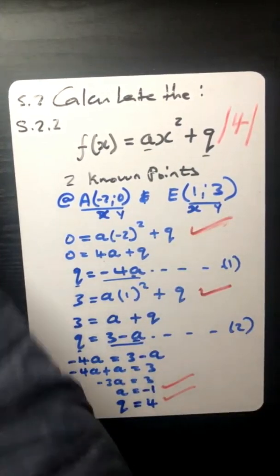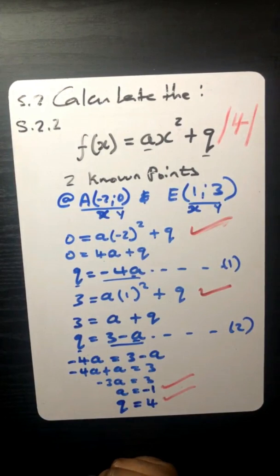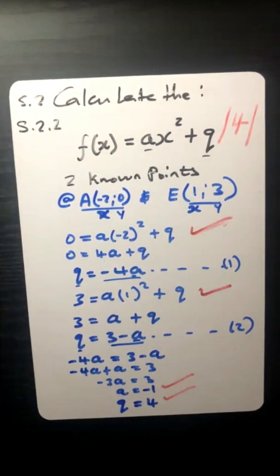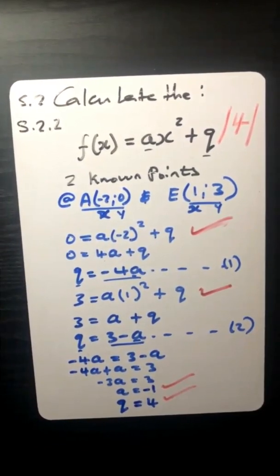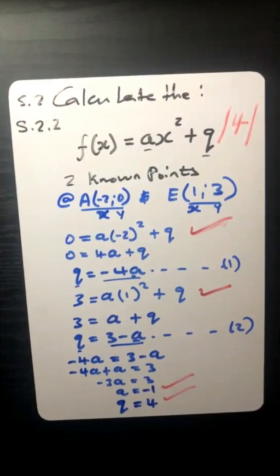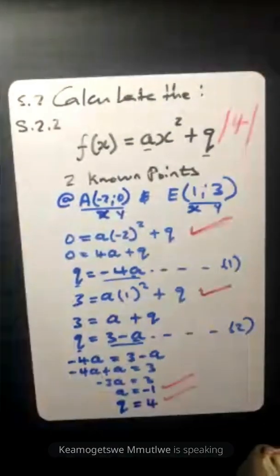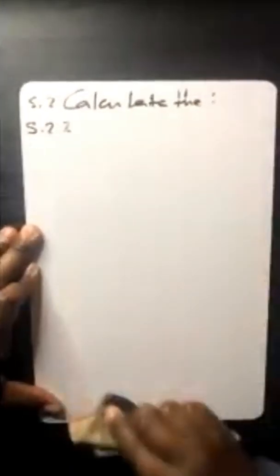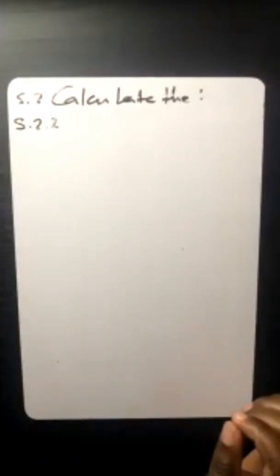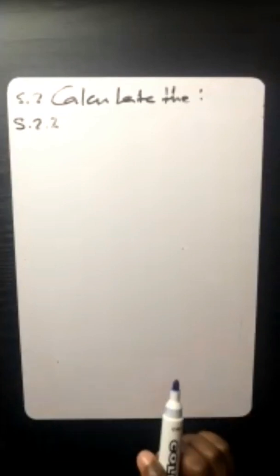So, guys, are you happy with that calculation? Is everyone happy? Yes, sir. Okay, 100%. So I'll just remove all of these and check what could possibly be the next question.